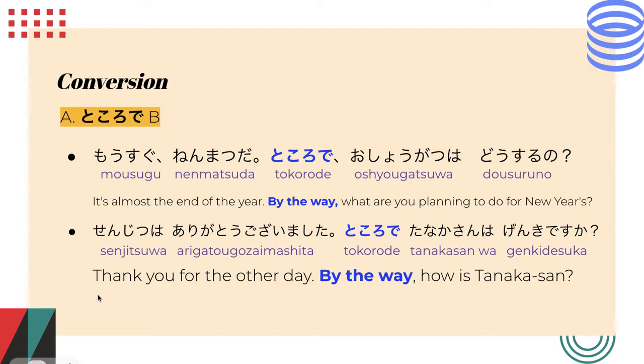The next one, it says, thank you for the other day. By the way, how is Tanaka-san? So how's Mr. Tanaka?